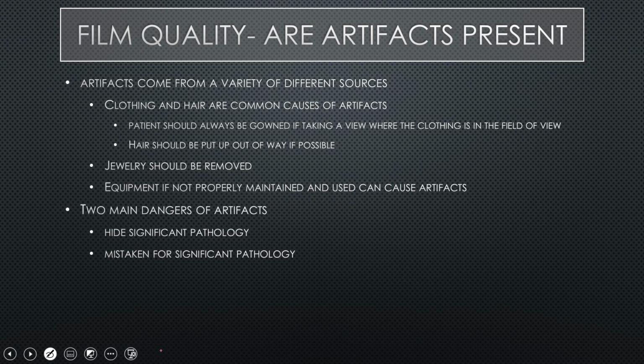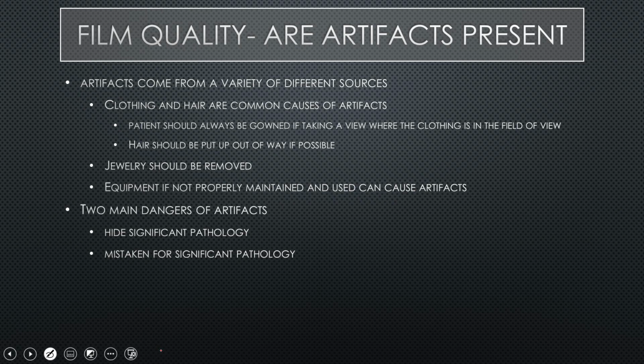Alrighty, next. We went over some artifacts, like that little ant or the static electricity. Artifacts can come from different sources. The most common causes of artifact are usually on the person themselves, whether it's clothing, their hair, sometimes jewelry.